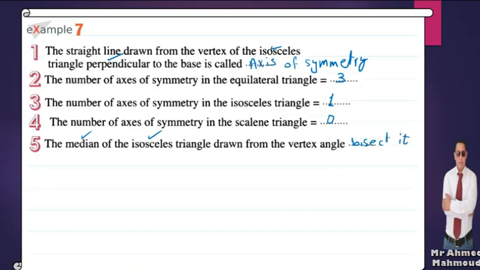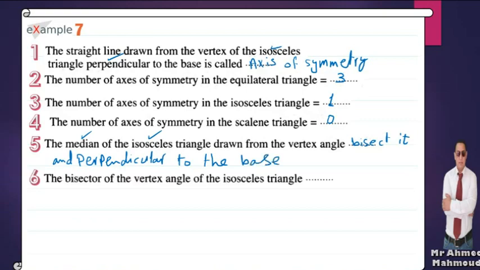It here means the vertex angle, and perpendicular to the base.